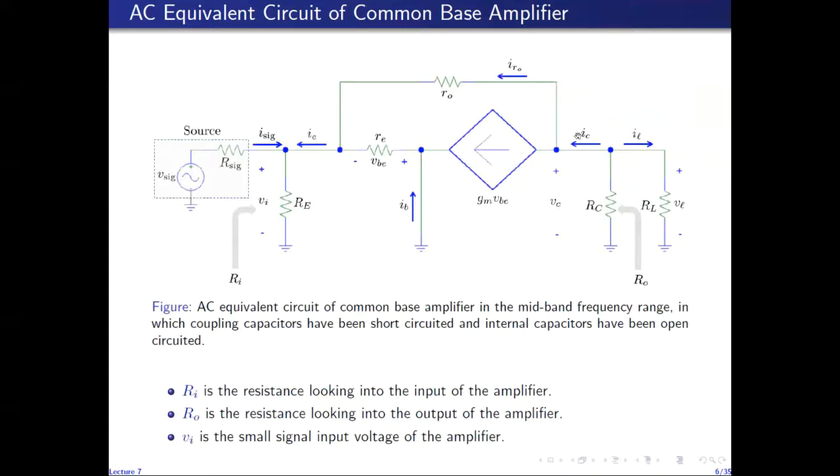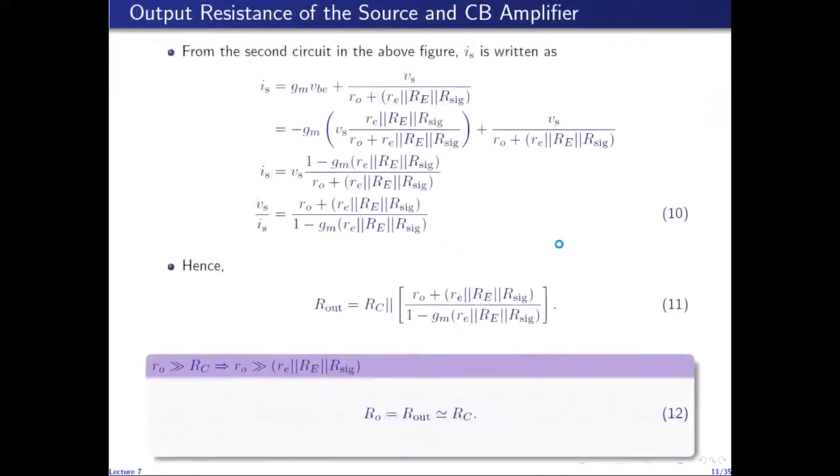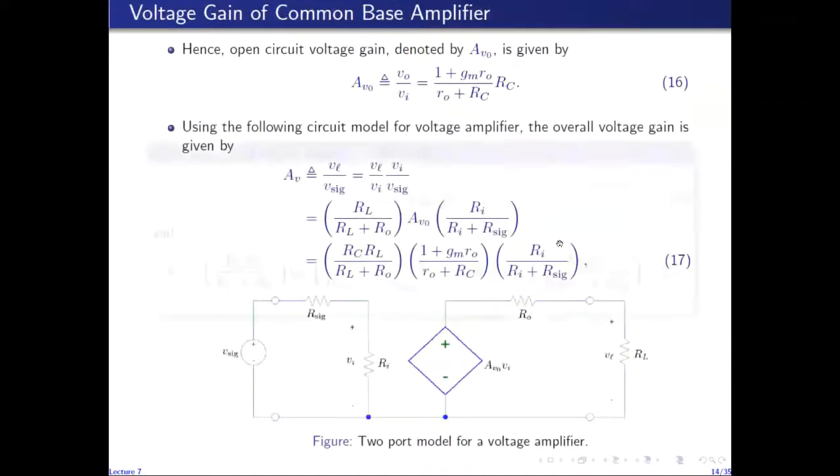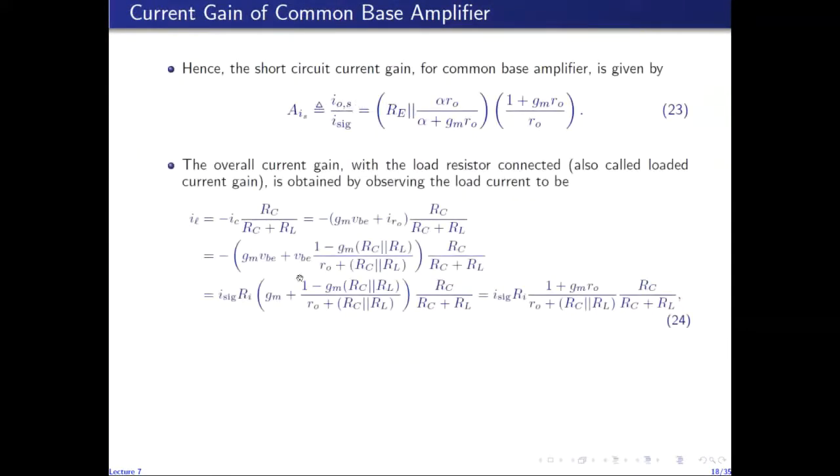And IC is given by the sum of GM VBE and IR naught. So we use these formulations to write IL as minus IC times this factor. IC is GM VBE plus IR naught. We have already found IR naught to be given by this factor.